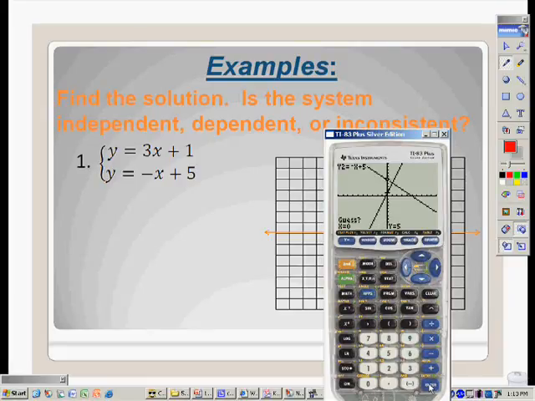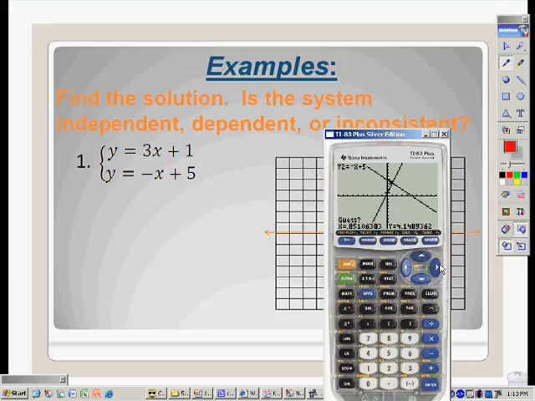And what does your calculator tell you the answer is? What did we say our answer was going to be? 1 point, right? It's either 1 point, tons and tons of points, or no points.